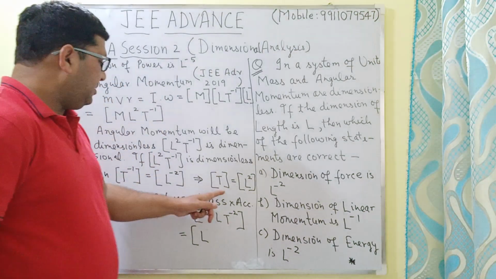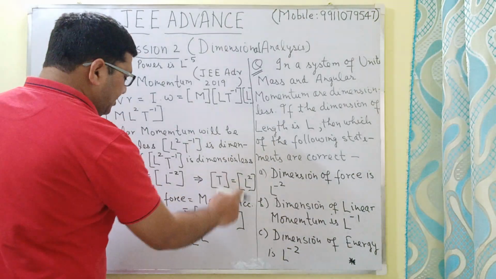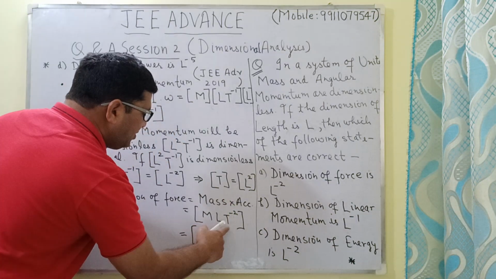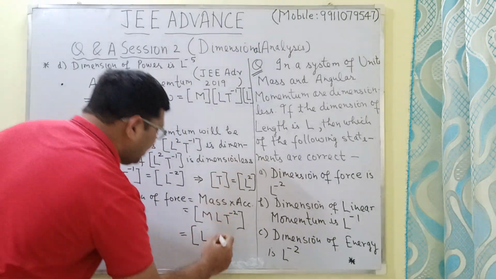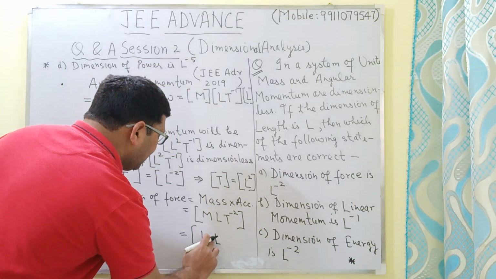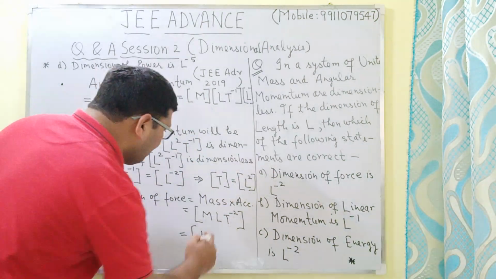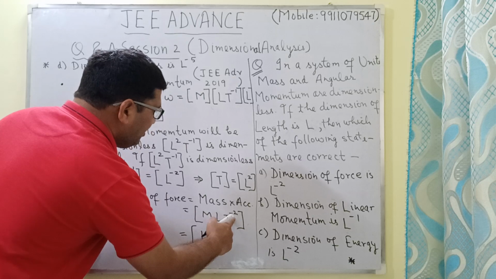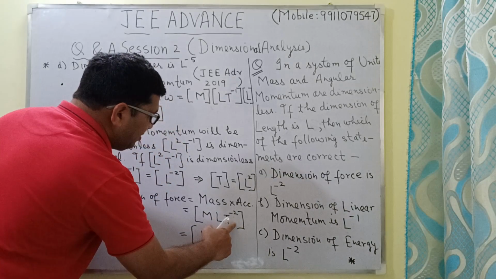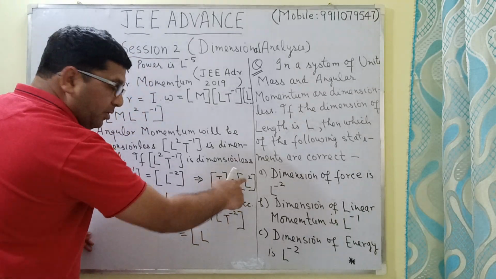Now T is equal to L square. So T minus 2, if I just substitute the value of T from this equation, will be equal to L to the power minus 4.